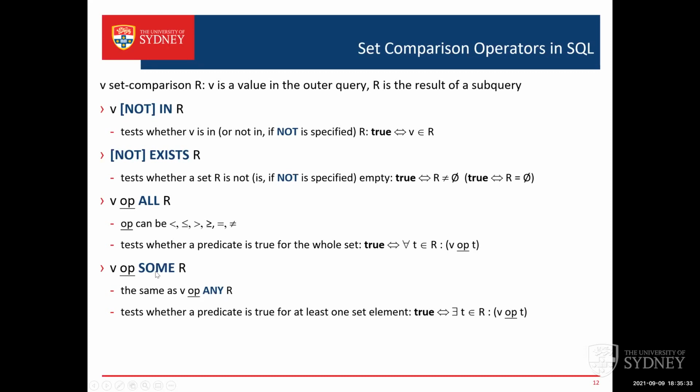Both of these are correct. Let's say I'm using greater than as the operator. SOME simply means it is greater than at least one. If it is greater than at least one, then that's fine. If you're using less than or equal to, that simply means it is less than at least one value from the resultant set that we have.